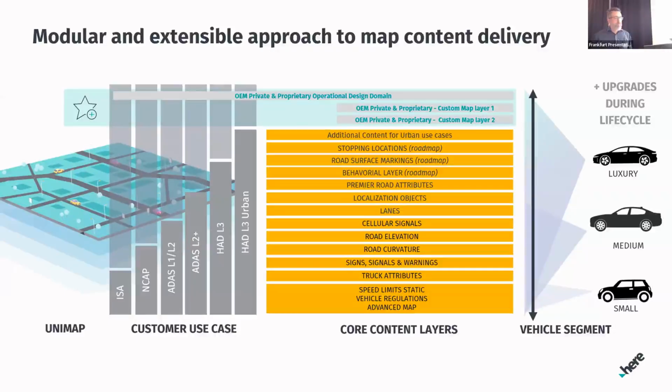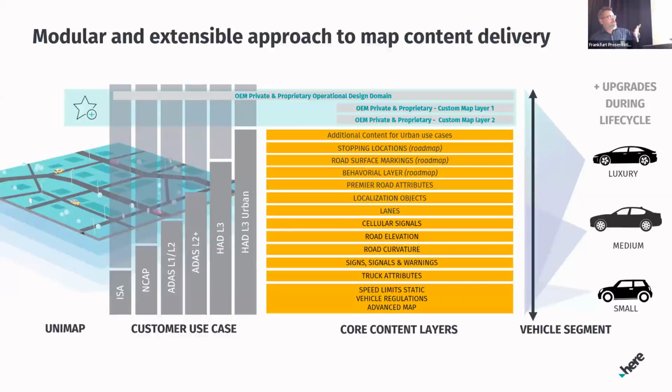That includes, for example, trucks and different ADAS attributes. What we also added is a behavioral layer or drive paths. I think Fabian mentioned a little bit about it. That's one of the really new things which we would like to offer.